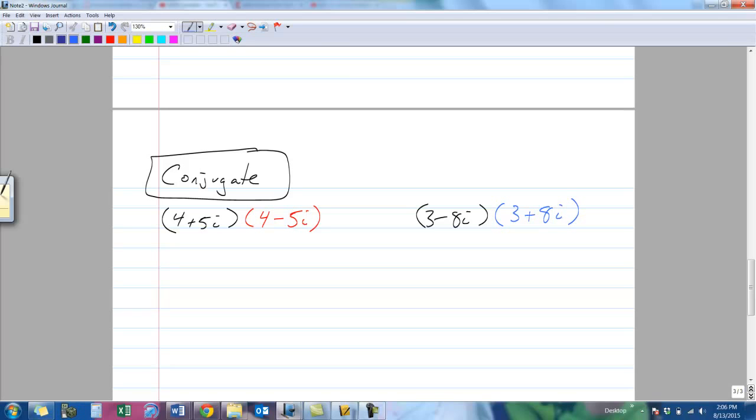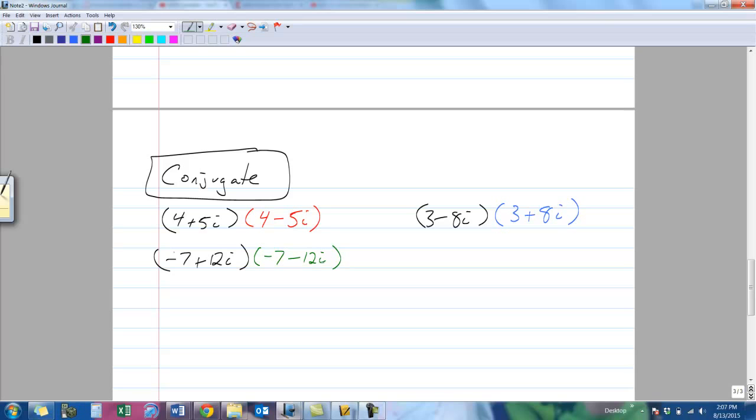All right, I'm going to give you one more. Let's see if you understand what a conjugate is. Negative 7 plus 12i. Make a guess. Here's what it is. You ready? It's negative 7 minus 12i.